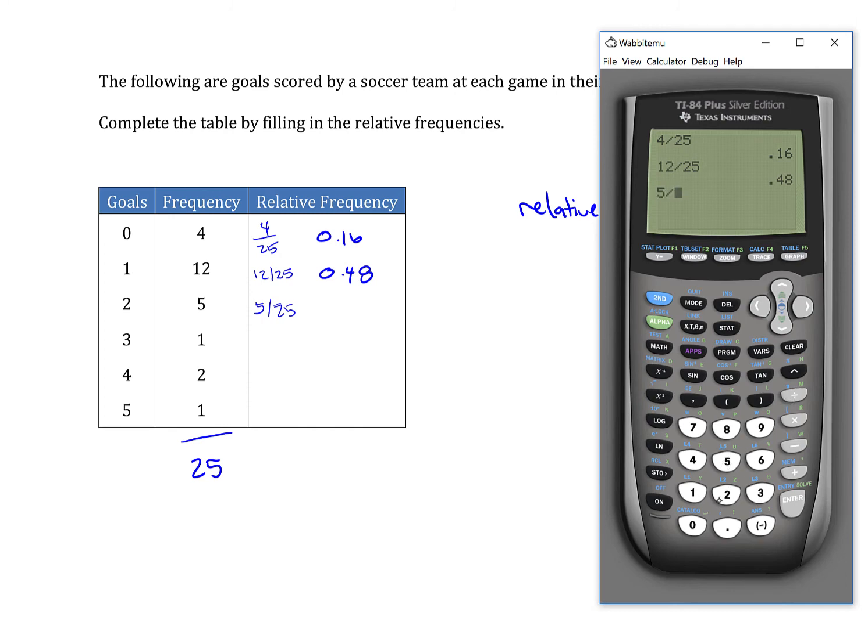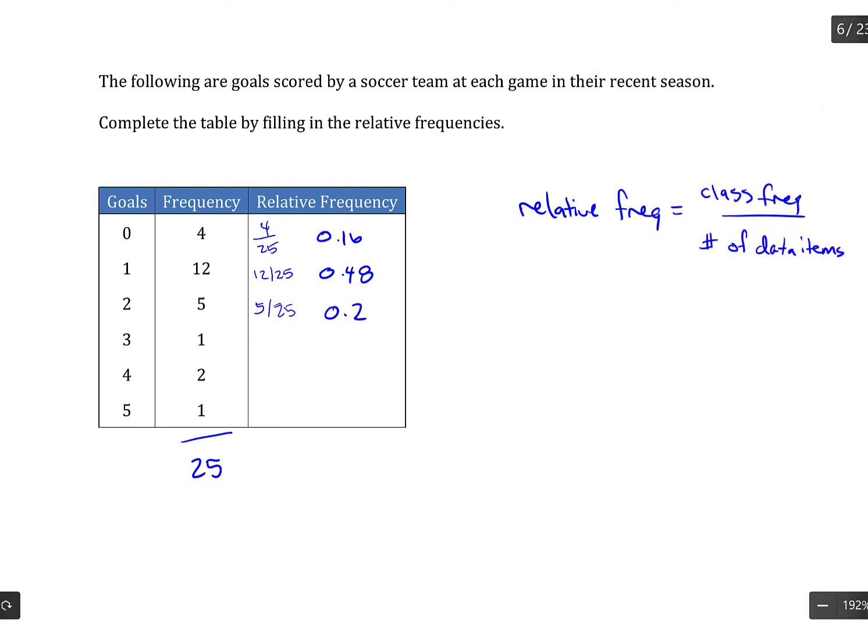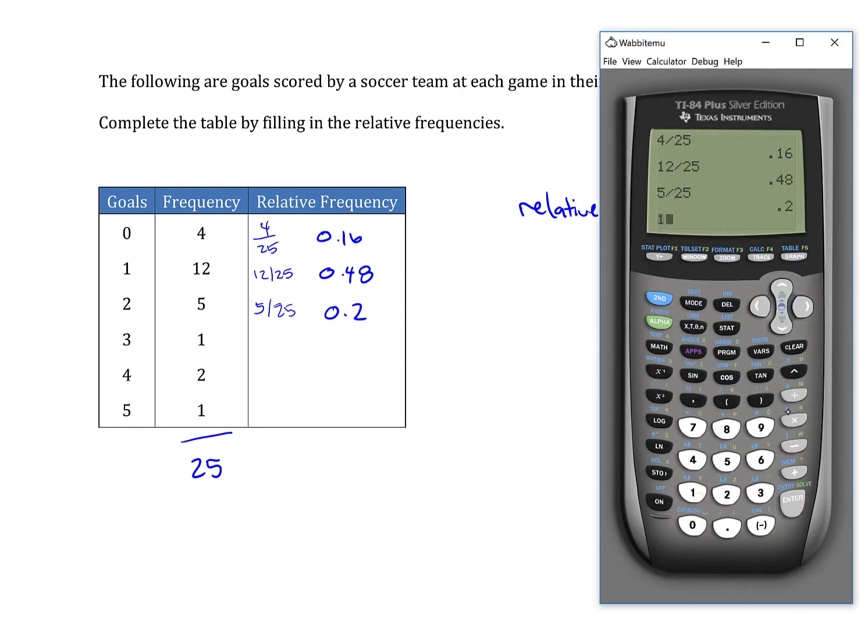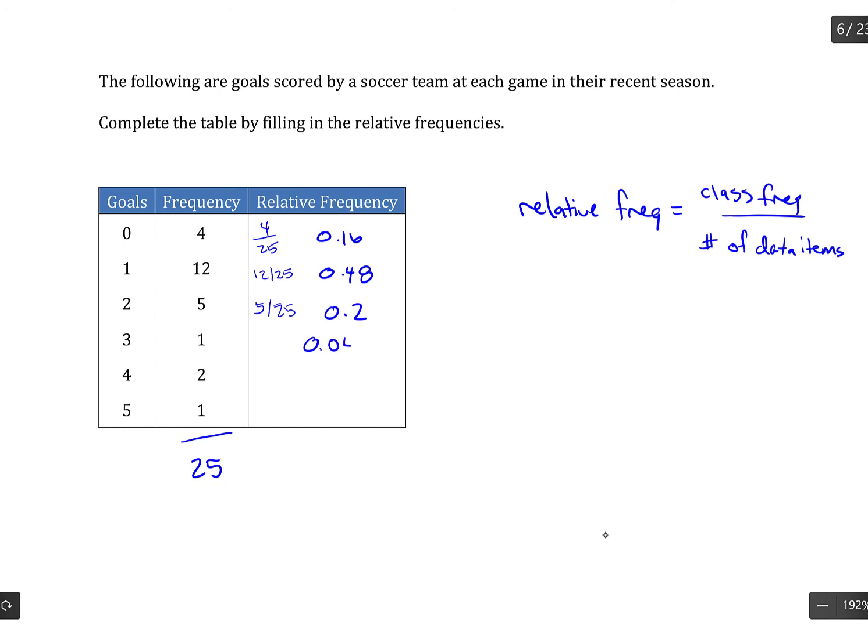The next one would be 5 over 25, which is 0.2. Then 1 over 25, that's 0.04. So 2 over 25 would be 0.08, and 1 over 25 would be 0.04 again.